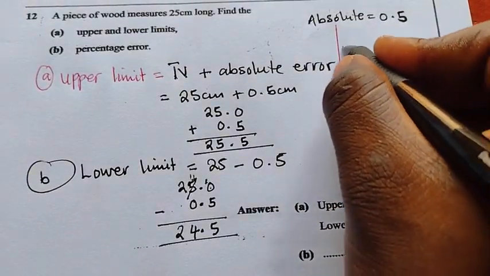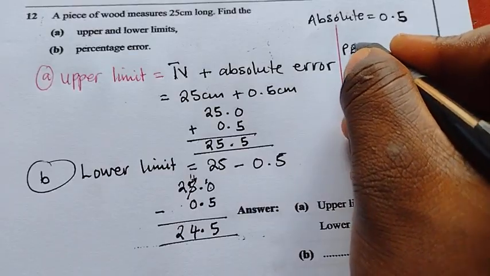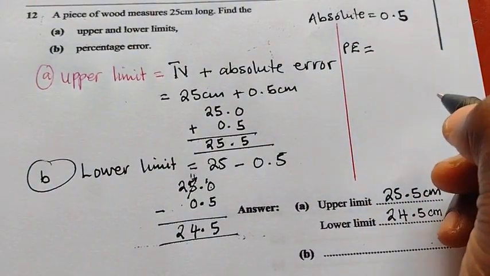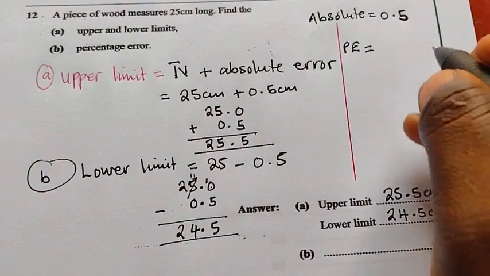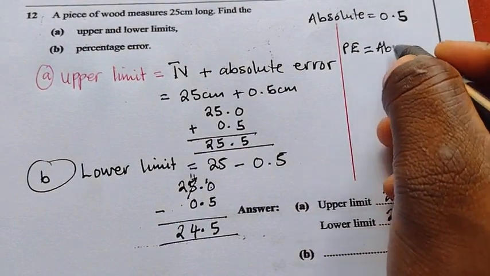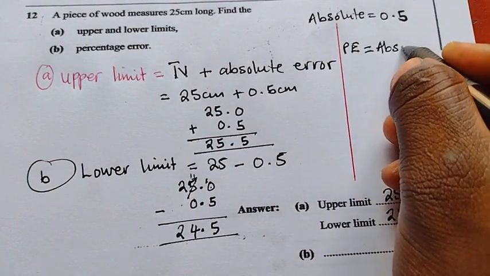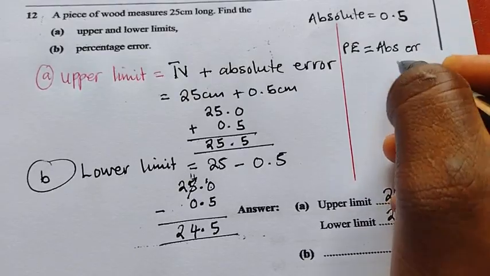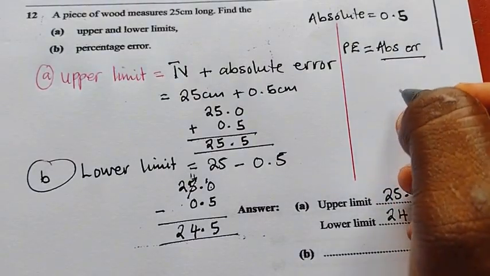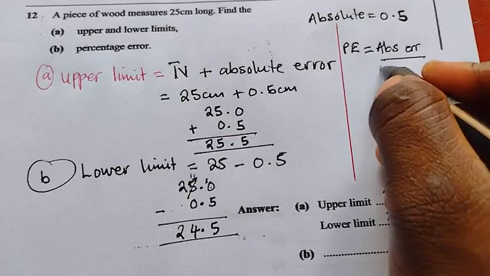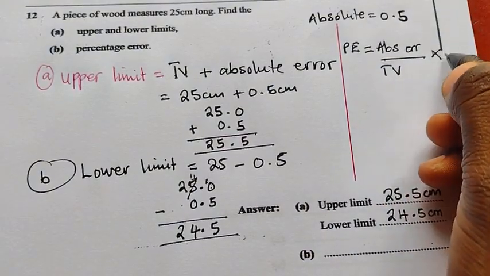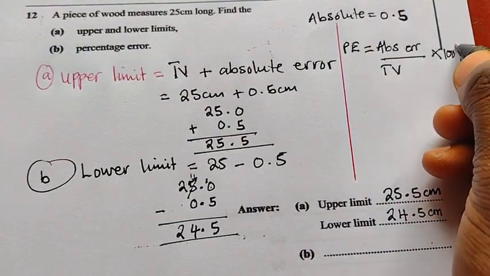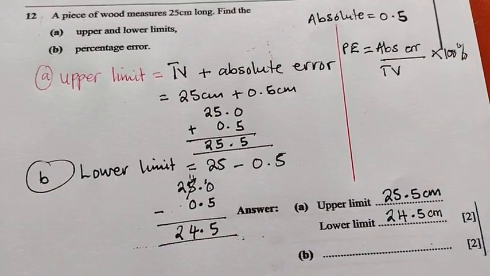This is the formula: percentage error equals the absolute error over the true value, times 100%, because this is percentage error.